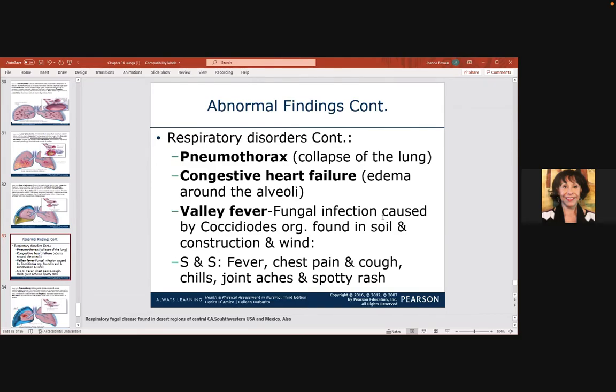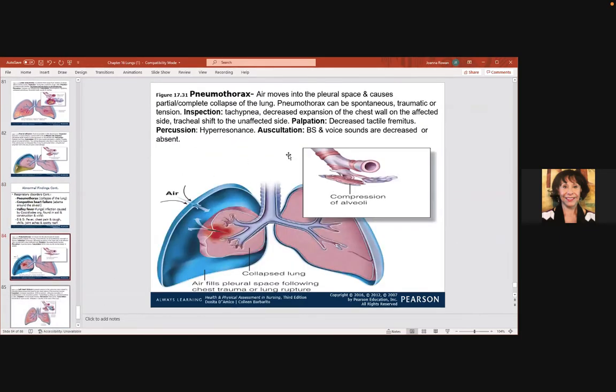Valley fever is a fungal infection caused by the Coccidioides organism found in the soil, in construction, and also carried by the wind. The signs and symptoms of valley fever are fever, chest pain and cough, chills, joint aches, and a spotty rash. And you can see the picture here.